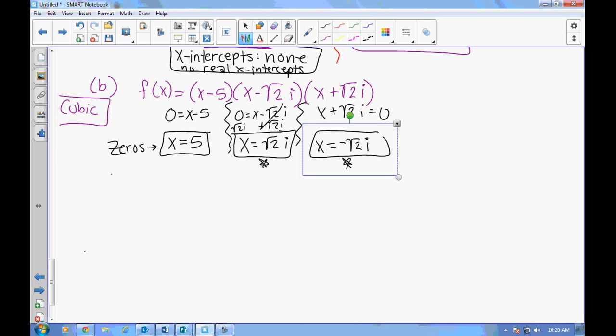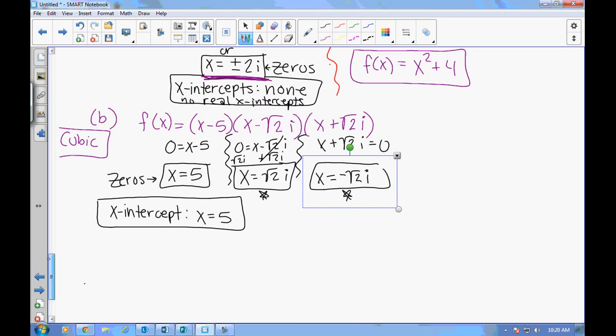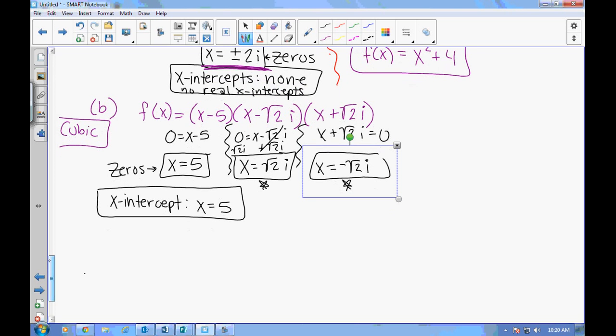Yeah, so our x-intercepts, we only have one x-intercept. It's x equals 5. Okay? Our zeros, we have 3 zeros, but only one of them will actually touch the x-axis.